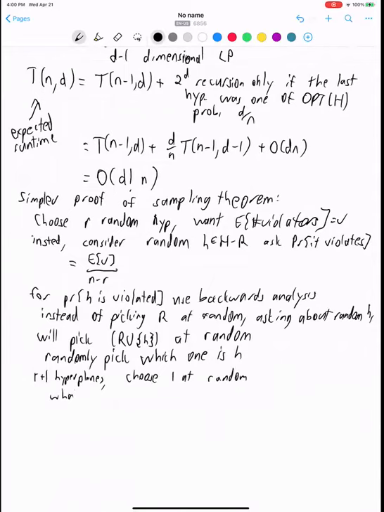And I ask, what is the probability that it violates the optimum of the remainder? In this set of R plus one hyperplanes, which ones violate the optimum of the remainder? Well, time has flown, so I will simply tell you, it's the planes that are part of the optimum of this set.